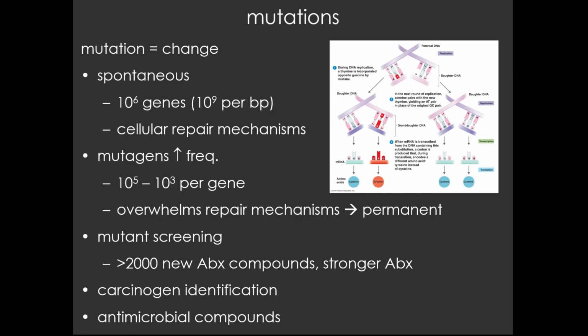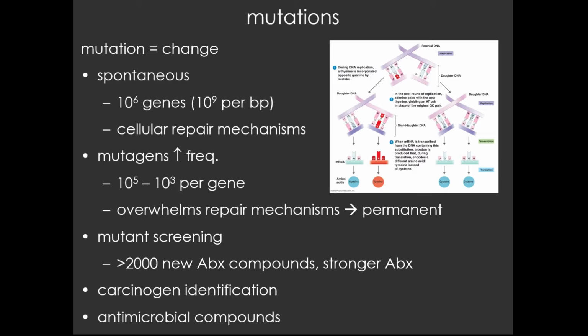One more thing that I want to mention before we move on from the topic of DNA is mutations, which of course you learn in general biology are changes to the genetic information. And the reason that we want to talk about mutations in microbiology is twofold. One, we actually use mutagens, those things that create mutations, in the microbiology lab in order to increase mutations in organisms so that we can screen for beneficial mutations.